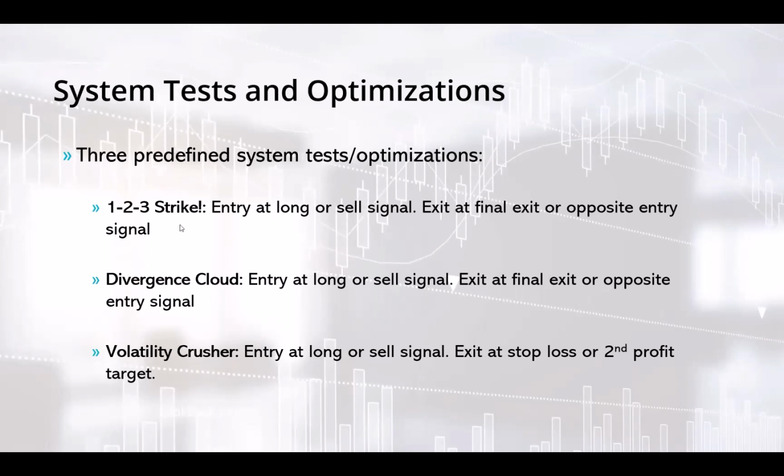For 1, 2, 3 strike, an entry happens whenever we have a long or a short entry signal. The exit, and that's just one exit, happens when we have a final exit signal or an entry signal in the opposite direction. There are no partial exits for this strategy.